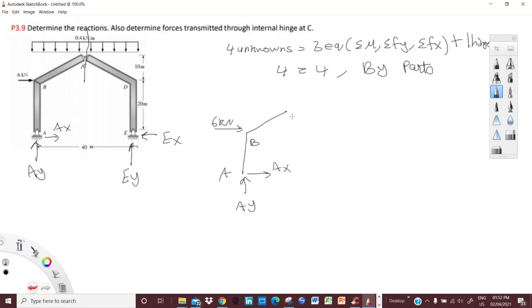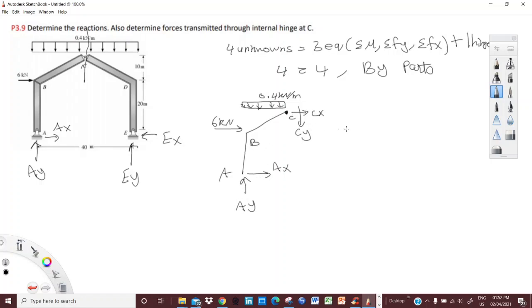At B we have a uniformly distributed load of 0.4 kilonewton per meter, and thus at C it will result in two forces. The internal load will be Cx and Cy. So we also have four unknowns.